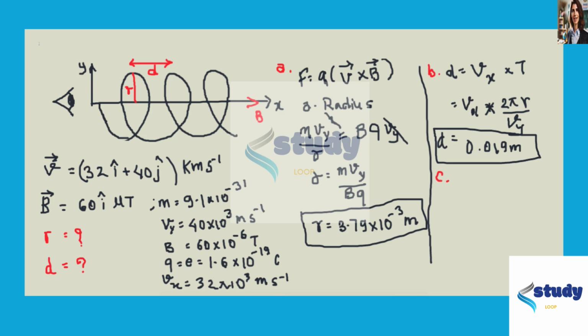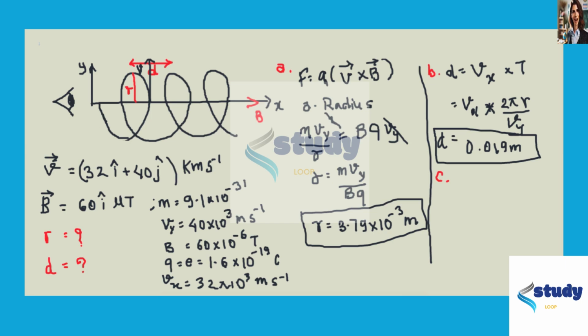Now let us consider any point in the x direction. At this point, let us consider the velocity is along this. Now what is B? B is along the x-axis.